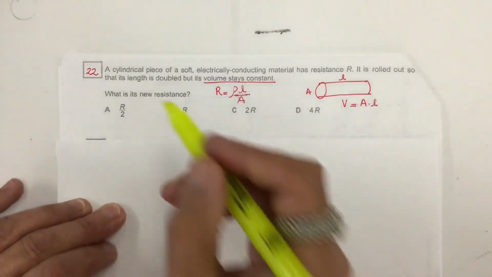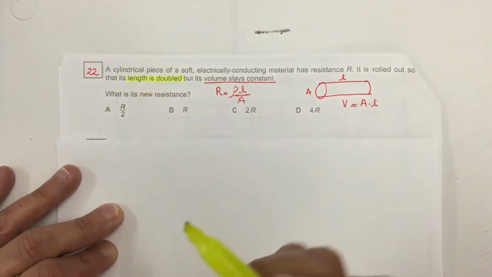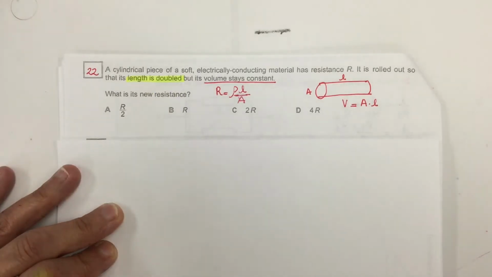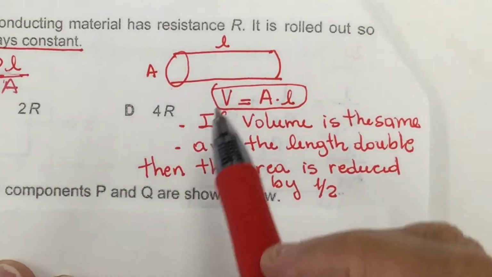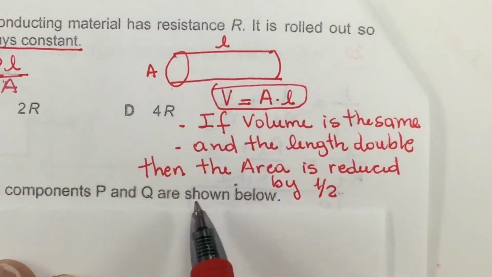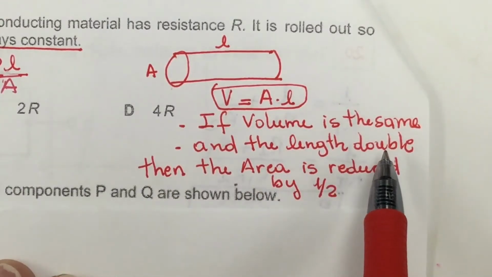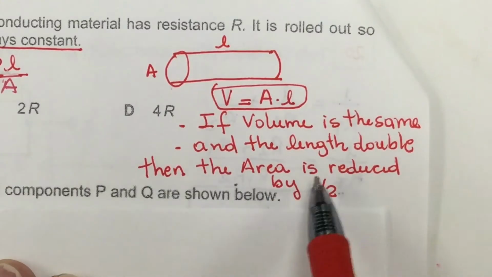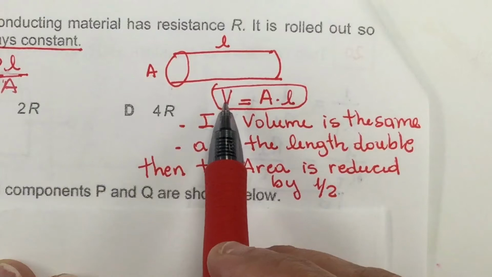But wait a minute, it says that the length of the new one is double, but the volume stays the same. Now let's take a look at this formula. If the volume is the same and the length doubles, the area is reduced by half to keep the volume the same.